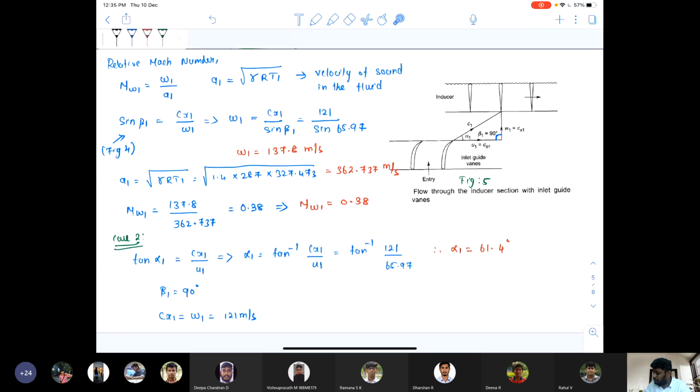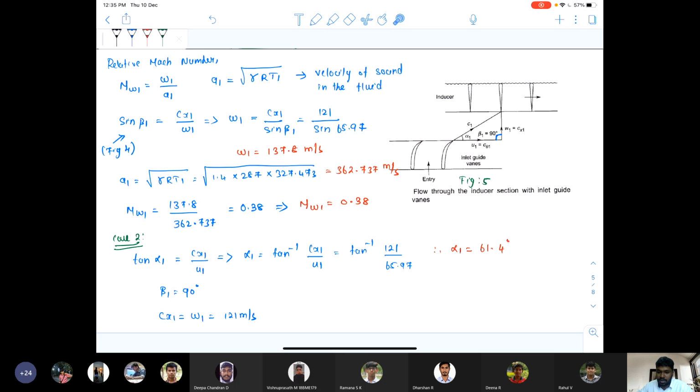Now we need to find the value of c1, t1 and again a1 in order to find the value of mw1 for this inducer section with inlet guide vane.